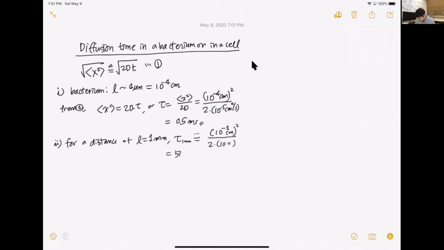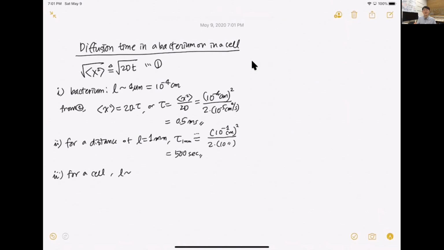It actually is 500 seconds. Wow, it takes so long to move a particle from one place to another 1 millimeter away. It takes 500 seconds. That's pretty ineffective.